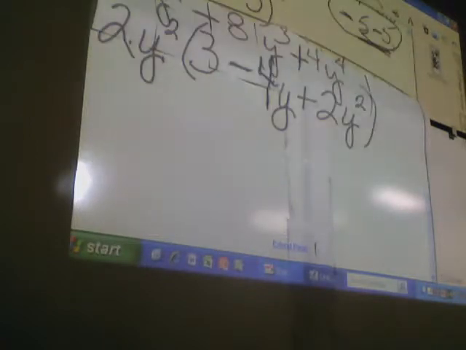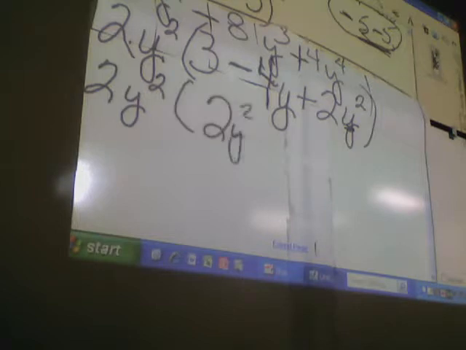Okay, is that hard to see? You can reorder this where the y squared is in the front, but you don't have to. Would you rather it be that way? It's more like what we're used to seeing. Let's go ahead and reorder it. Put the 2y squared first, and then the y term, minus 4y, and then our positive 3 at the end.